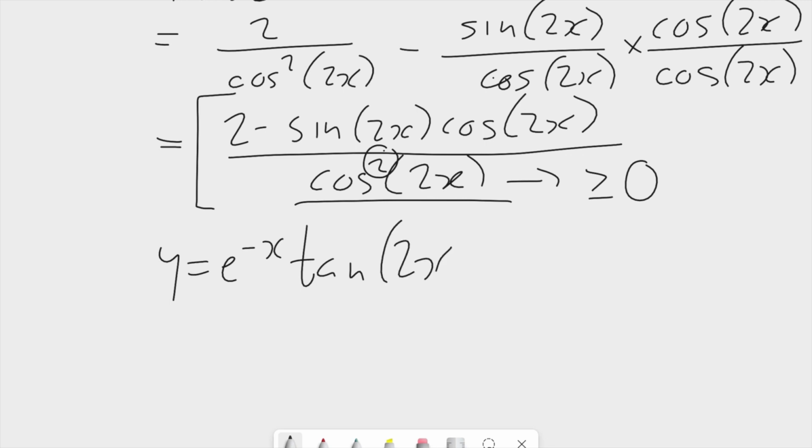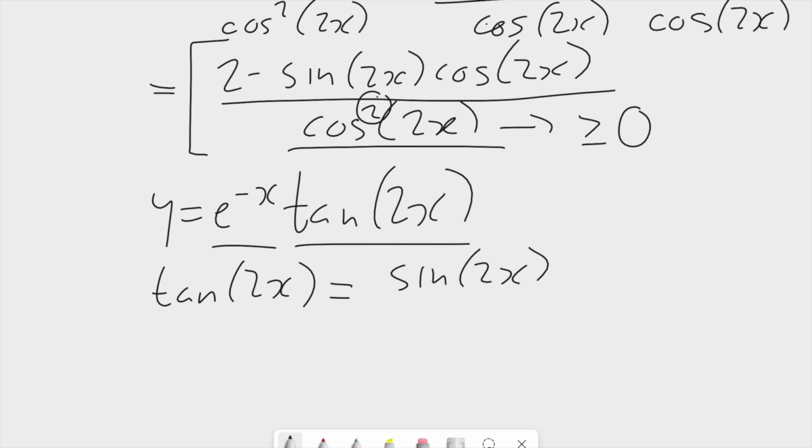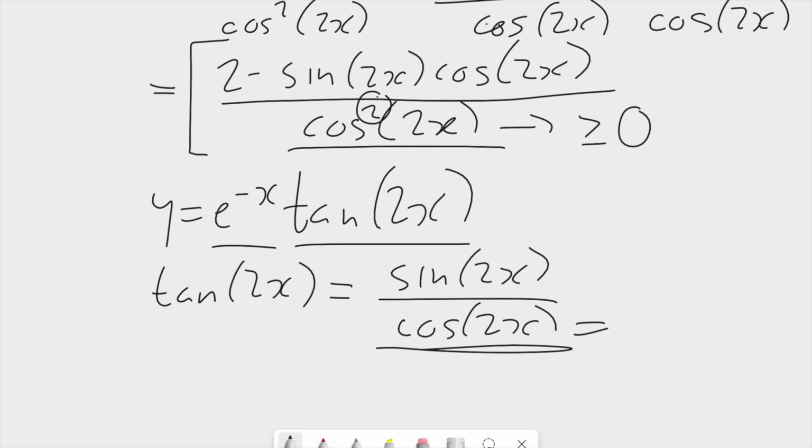when is this function undefined? So e to the minus x is an exponential function that's always defined for all real values of x. However, tan 2x is undefined at some points, and tan 2x equals sine of 2x over cos 2x, which means that tan 2x is undefined when cos 2x is equal to 0.